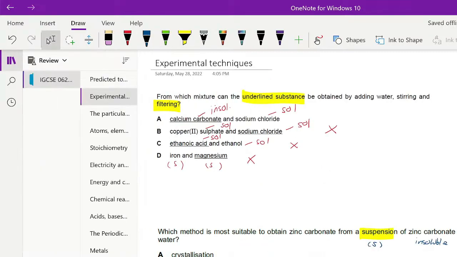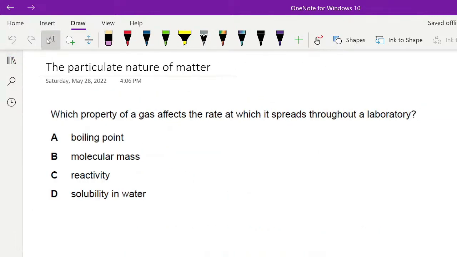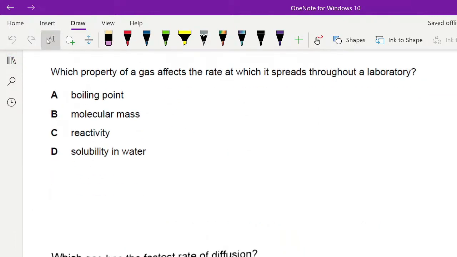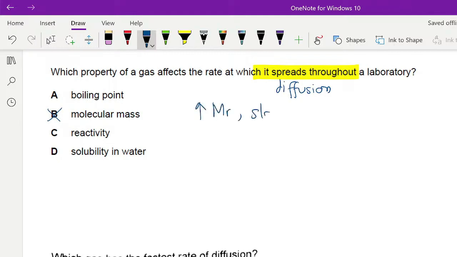We go to the next topic, particulate nature of matter. The property of a gas that affects the rate at which it spreads is called diffusion. The property is molecular mass. The higher the molecular mass, the slower the diffusion rate.